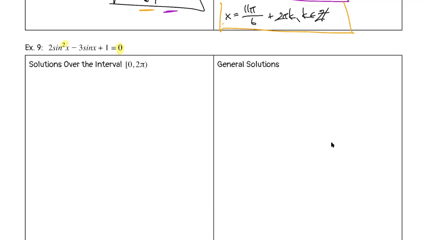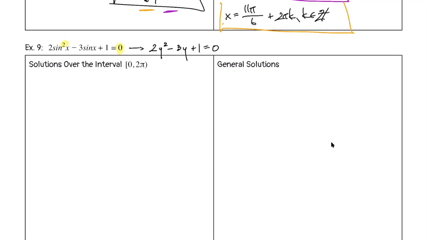Now, if this is too much for your brain to wrap itself around, you could definitely do something like 2y squared minus 3y plus 1 equals 0, right? That's the same form as when we have 2 sine squared minus 3 sine plus 1.